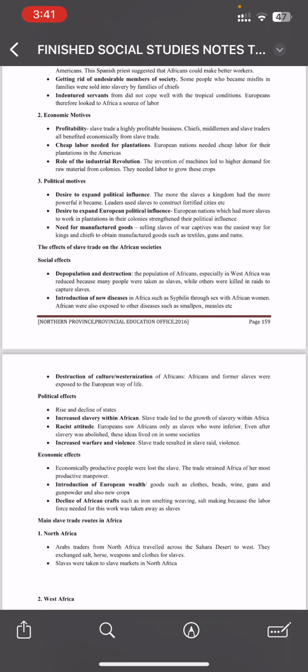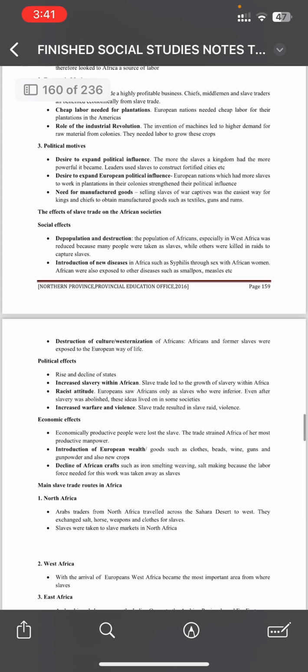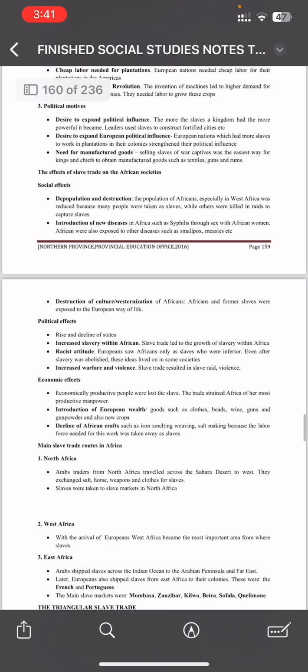So there was an introduction of new diseases such as syphilis. Before slavery, we never had such diseases. We never had HIV, gonorrhea, syphilis, but these diseases came as a result of the explorers during the period of slave trade. The white people are the ones that brought these diseases because of their funny way of living.